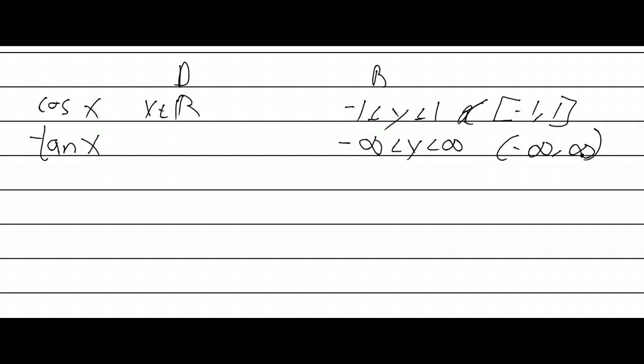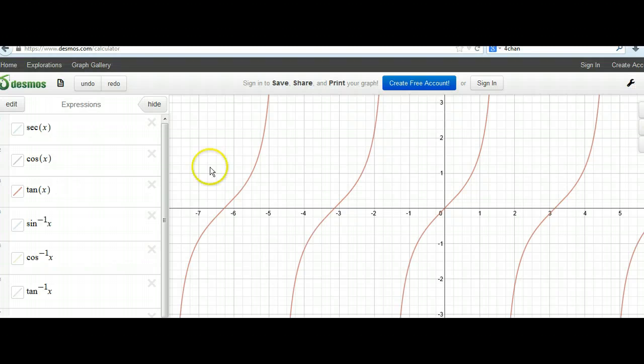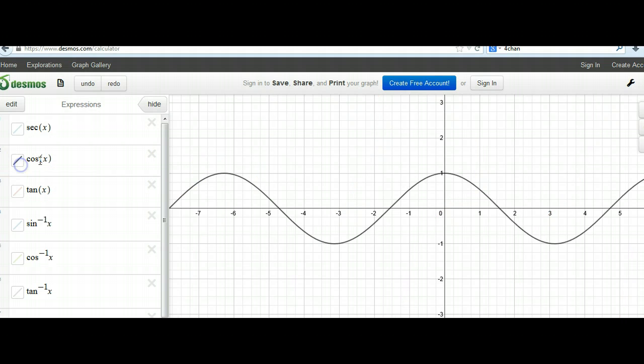So now you have to remember what tangent is. Tangent is sine over cosine. So whenever cosine is equal to 0, you're going to get does not exist. So you need to find all the places where cosine is not equal to 0.